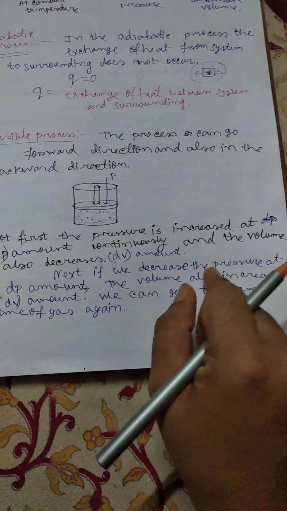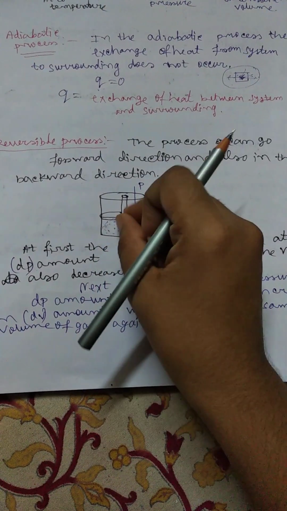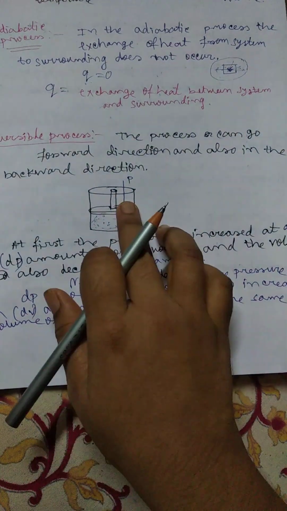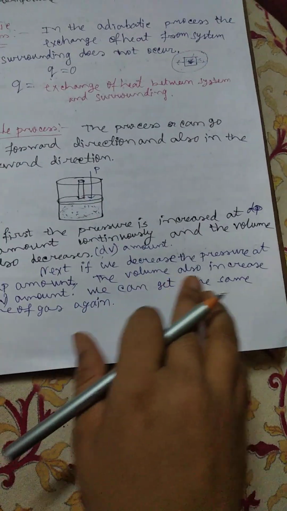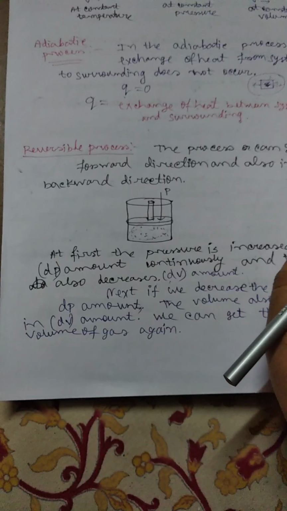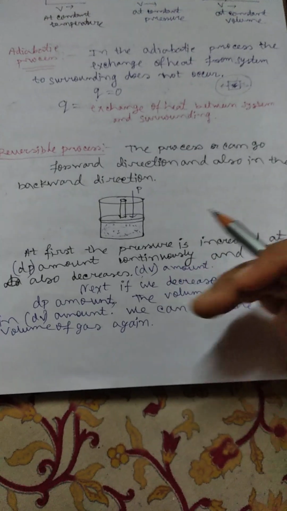Next, if I decrease the pressure, if I again pull the piston, then the pressure will also decrease by dP, but the volume will increase by dV. Okay, so we can get the same volume of the gas again.